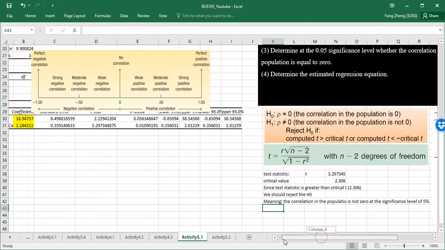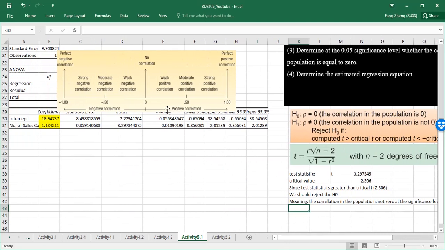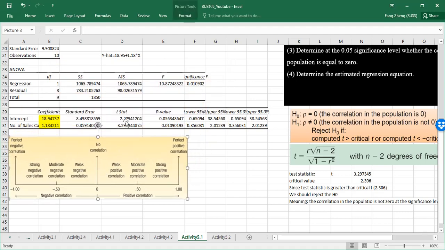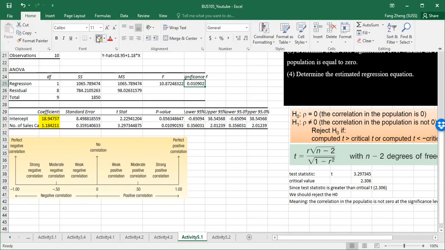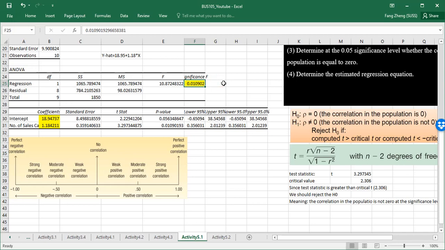But there is also another very quick way to answer question 3, that is to conduct the regression analysis and come to this ANOVA analysis. From this ANOVA analysis, you can see the significance level for this F is 0.01. So we can simply compare this one, which is like the p-value, with the significance level 0.05.